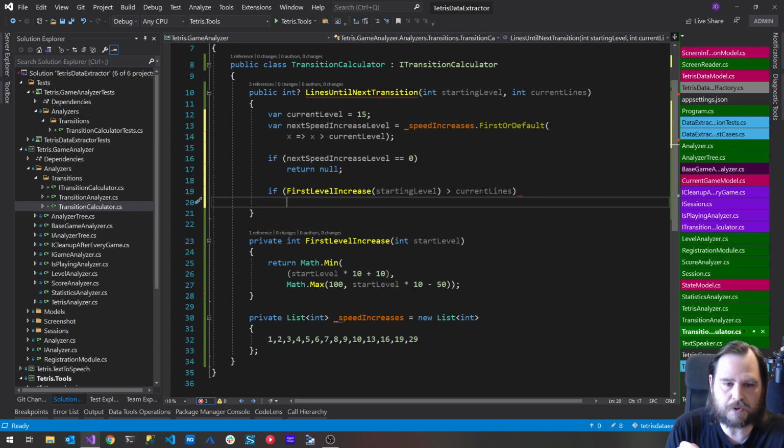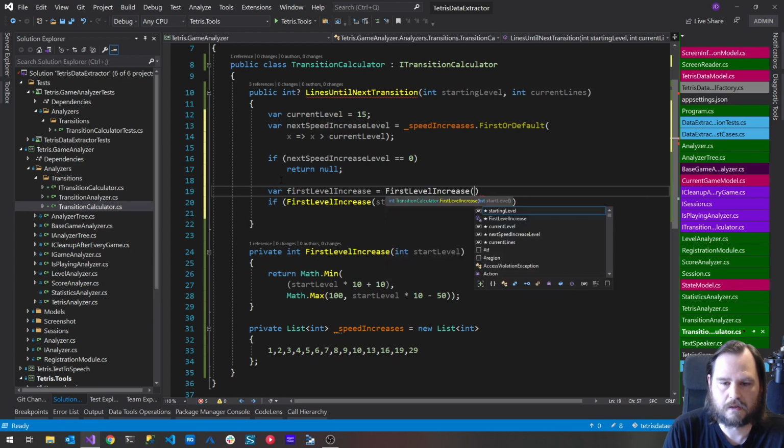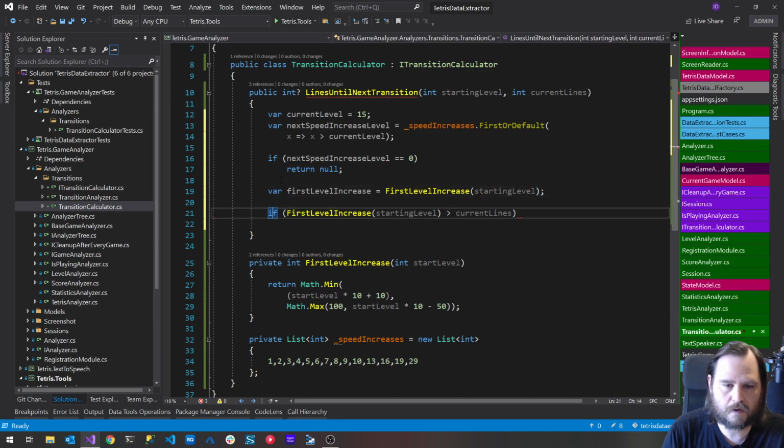Well, we shouldn't actually do this, we should cache it. First level increase equals starting level, starting level.